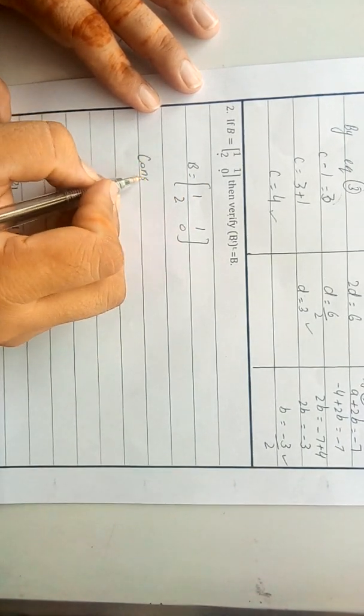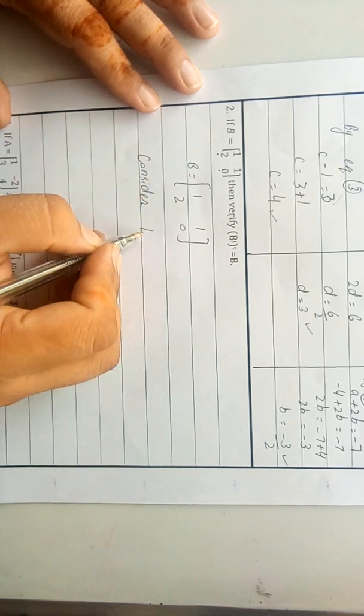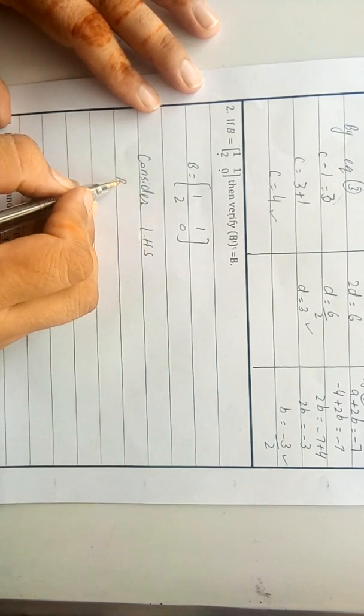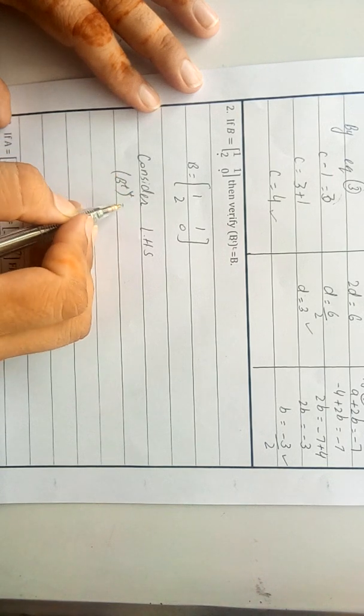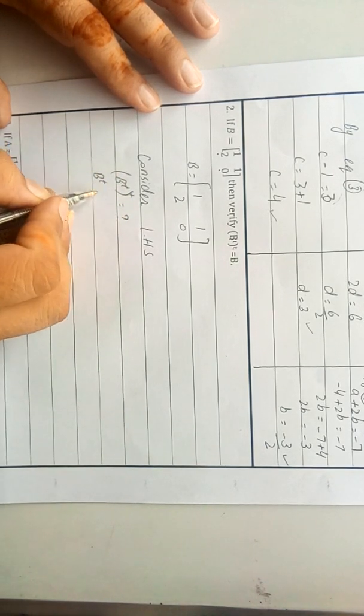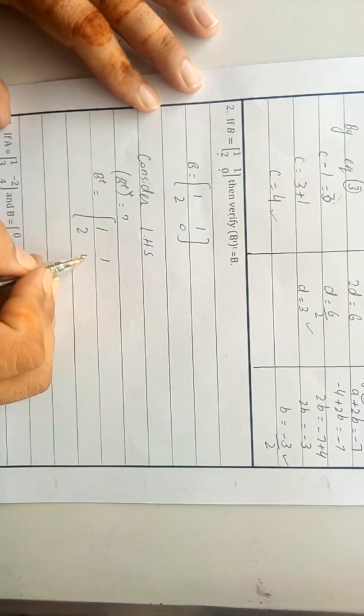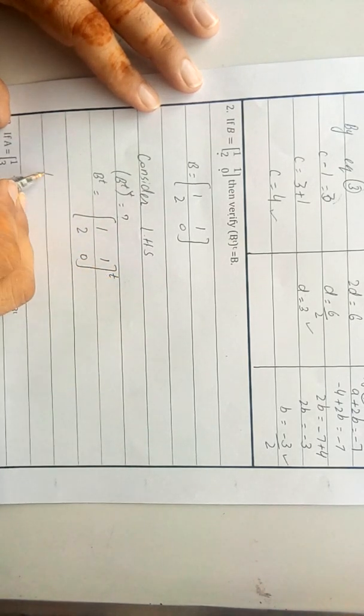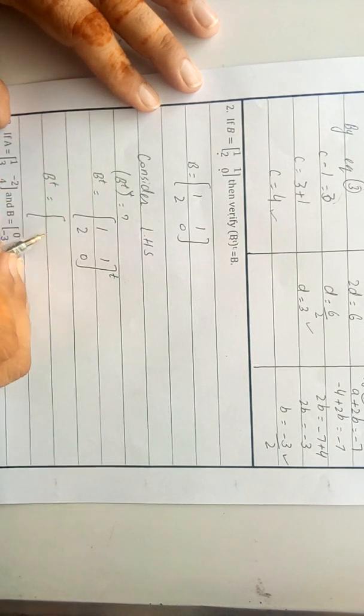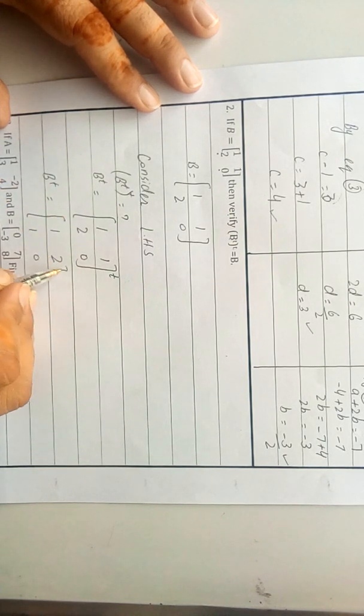Consider the left hand side, that is b transpose whole transpose. First we find b transpose. Here b is given as [1, 1; 2, 0]. We will take its transpose, that is b transpose is equal to [1, 2; 1, 0].